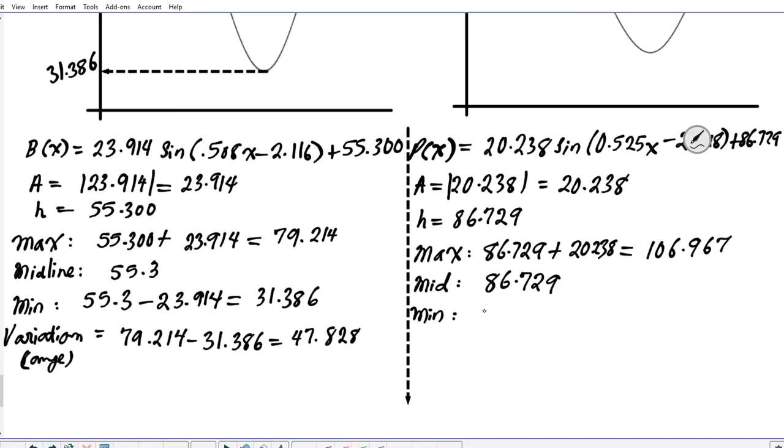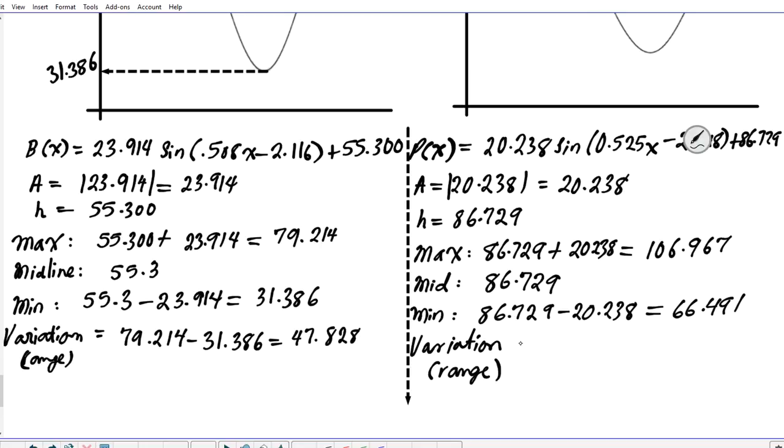Your minimum is your midline, 86.729, minus your amplitude, which gives us an output of 66.491. And then lastly is the variation, also known as your range.